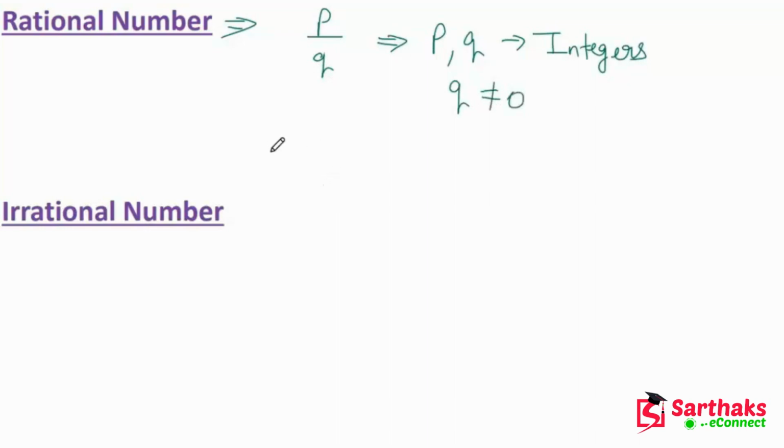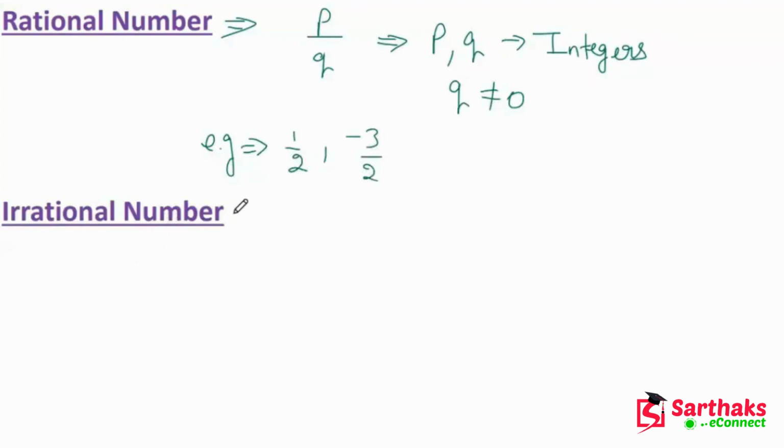For example, 1 upon 2 is of the form P upon Q, and minus 3 upon 2 is also called a rational number.